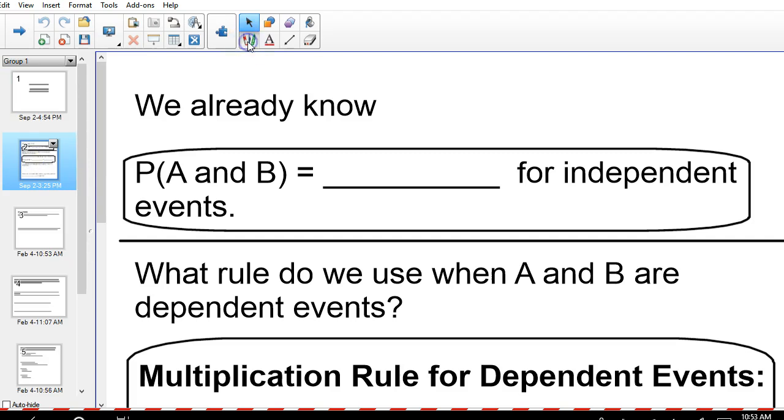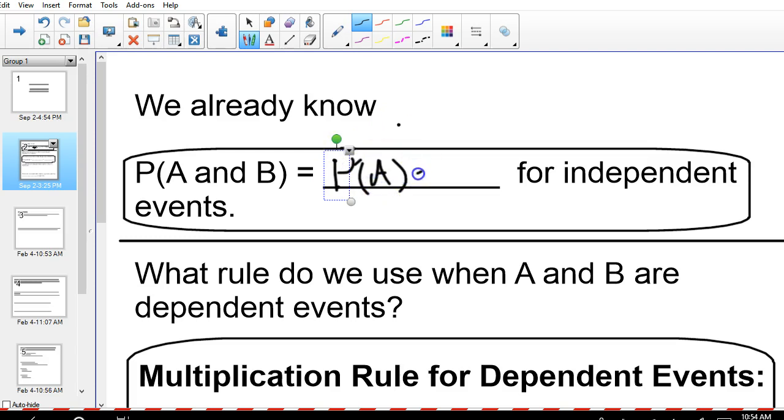So we already know that probability of A and B is probability of A times probability of B for independent events.